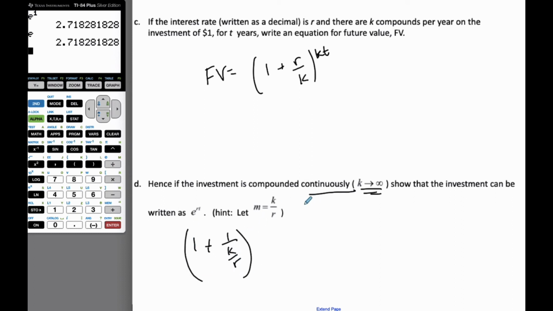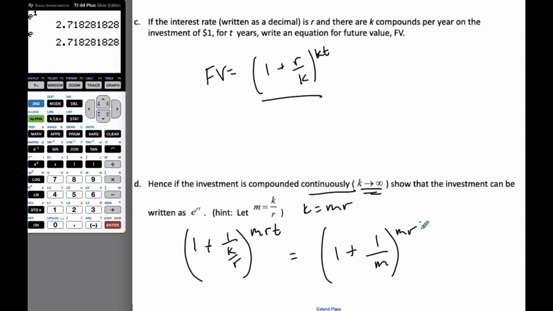For the exponent, k is equal to mr, so I can say that this is 1 plus 1 over m, to the m times rt.